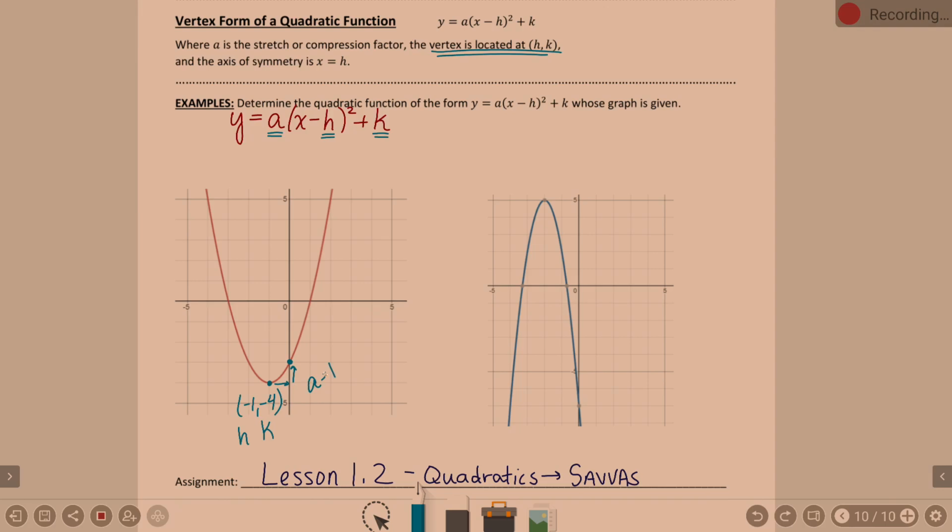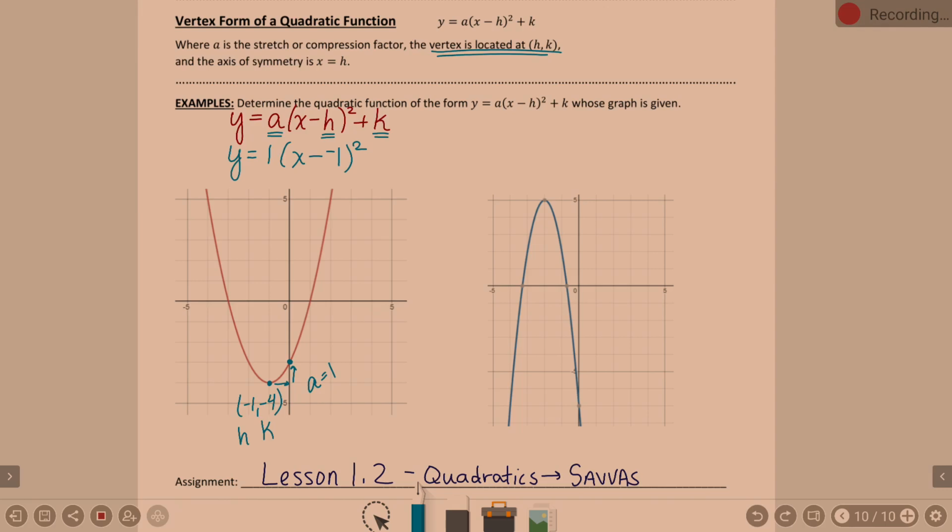So let's write this equation. y equals, first time through I'm going to write in the 1, but it's a 1 multiplying, so you don't really have to write it in. x minus, what did we say h was? -1. So you can think x minus -1, quantity squared, but minus a negative is the same as a plus.